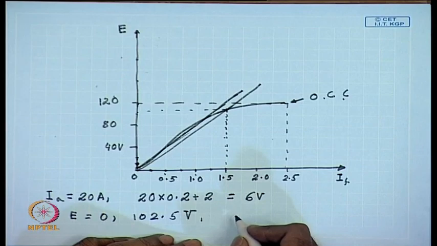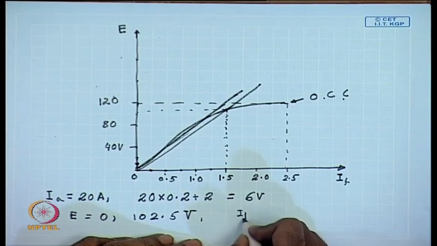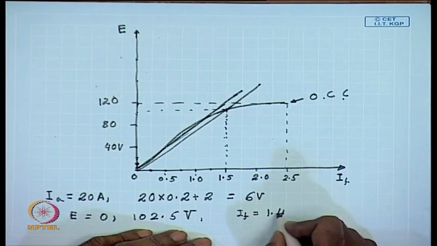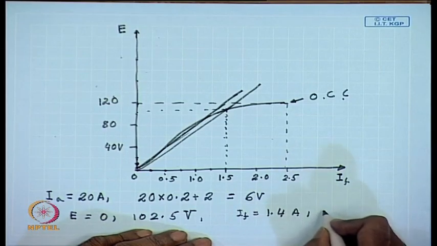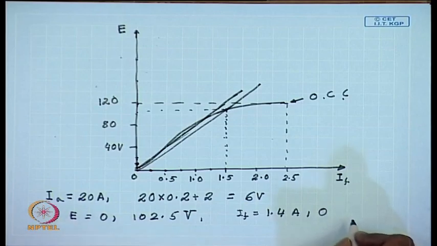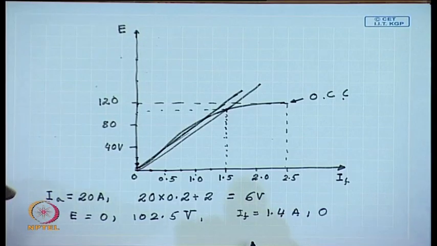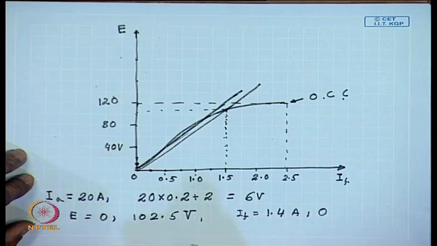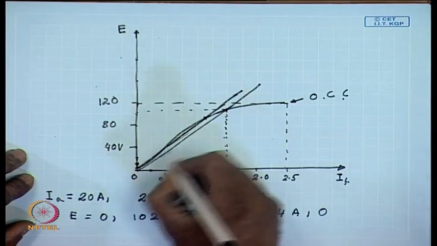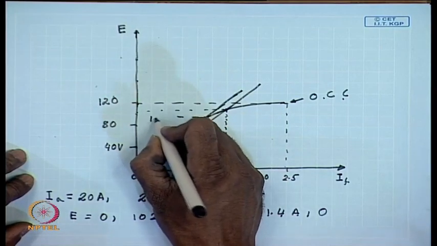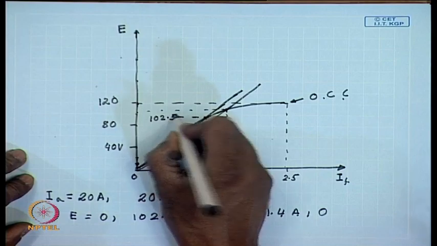The corresponding field currents are IF equal to 1.4 ampere and 0 ampere. This is 2.5 volts.